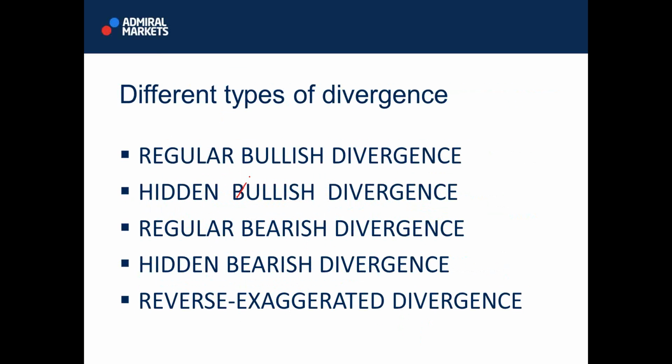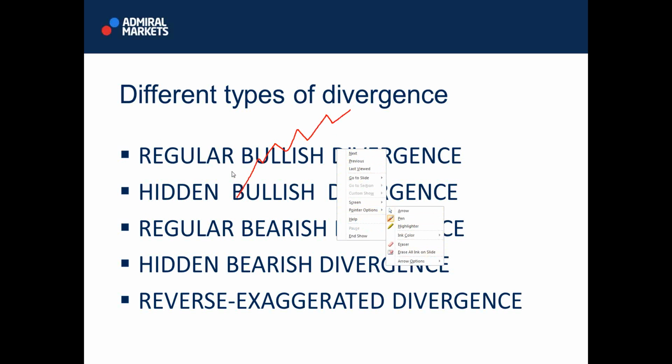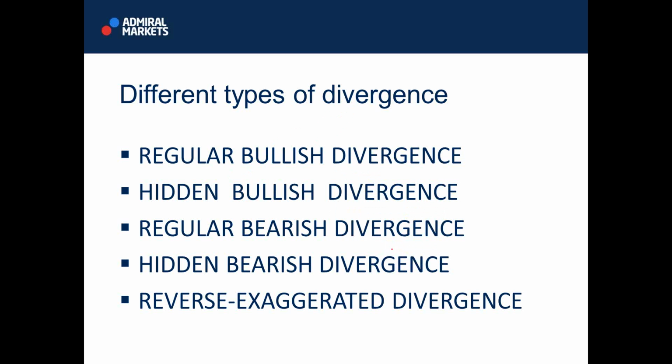When price is going up, sorry, I will use these examples. Let me remind you about regular bullish and hidden bullish. It's the same for this, but in the opposite direction. When you see regular bullish divergence, when do you see it? You will see it when the price is going basically to the downside.